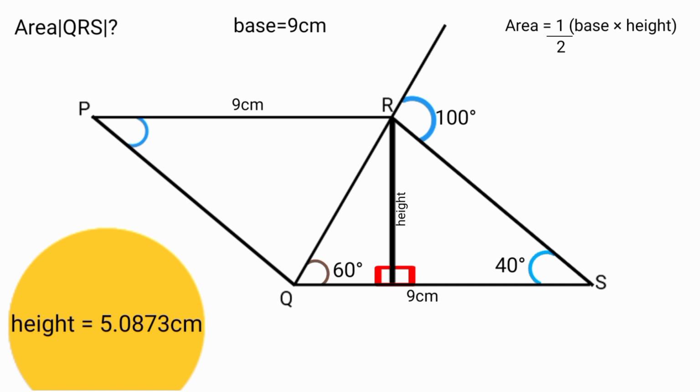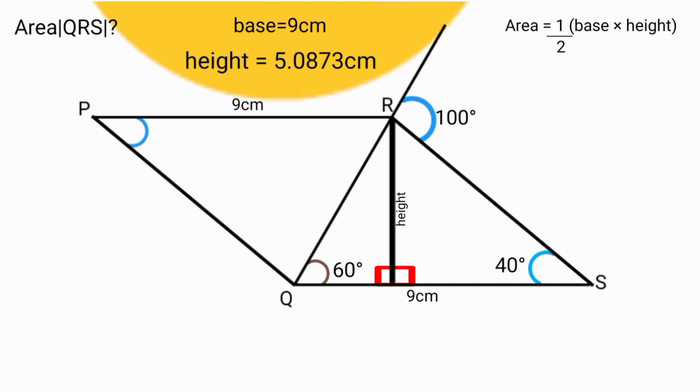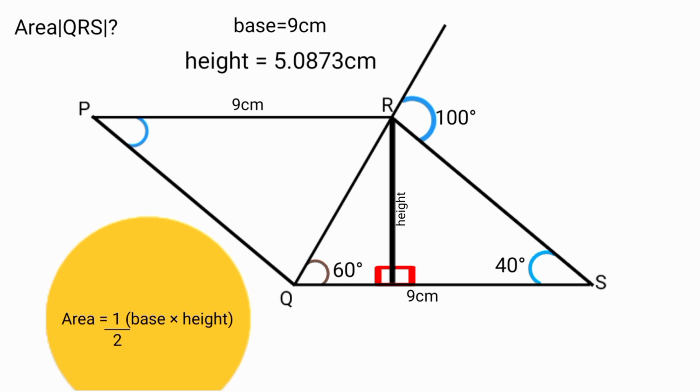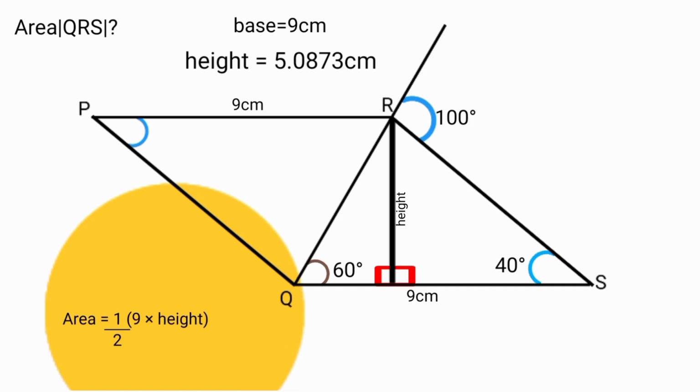Now we found the height of triangle QRS to be equal to 5.0873, and we have the base here to be 9 centimeters. So substituting it into this equation to find the area, half base times height equals 1 over 2 open brackets 9 times 5.0873, which equals 22.8929.